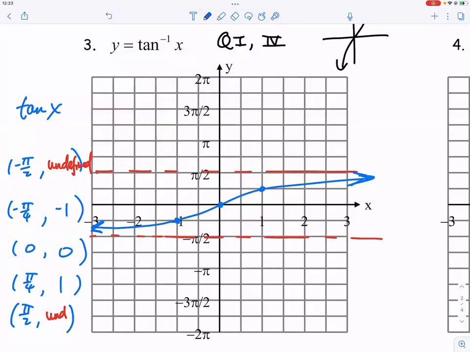So again, if you rotate it, it should look like one of those tangent graphs that you have drawn in the past.